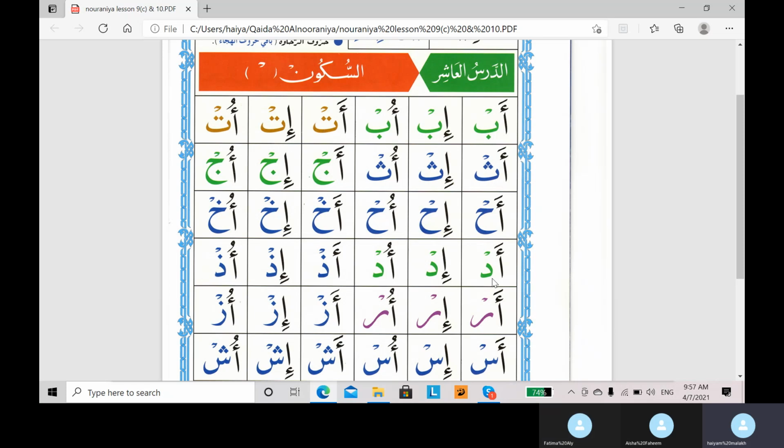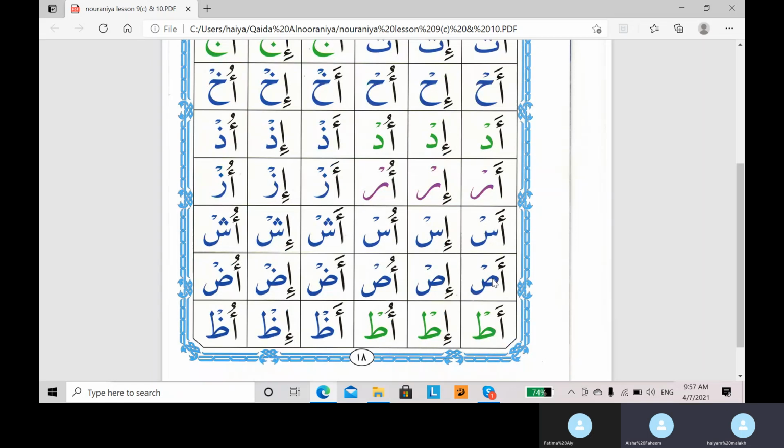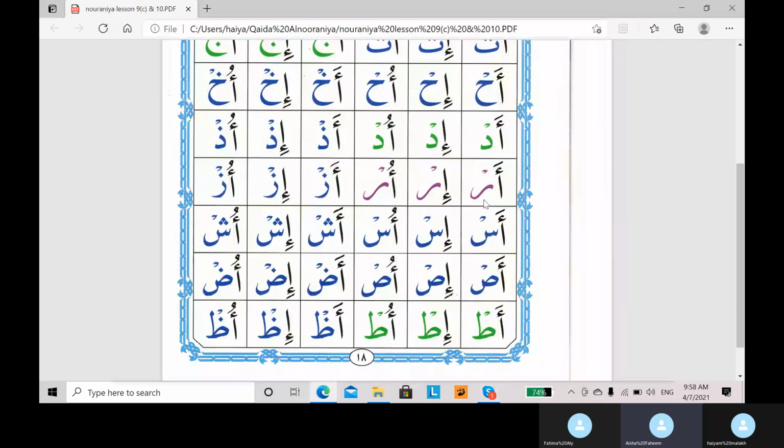Go ahead Aisha. The letter ra. Hamza fatha zal sukun. This is not zal. This is ra, in purple color. Hamza fatha ra sukun, ar. No, it's wrong.